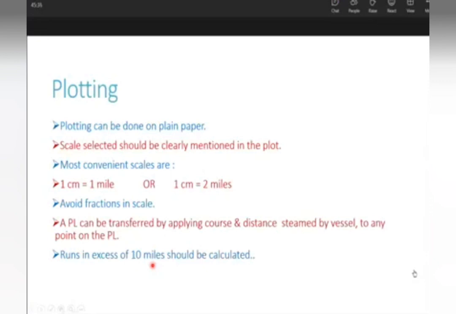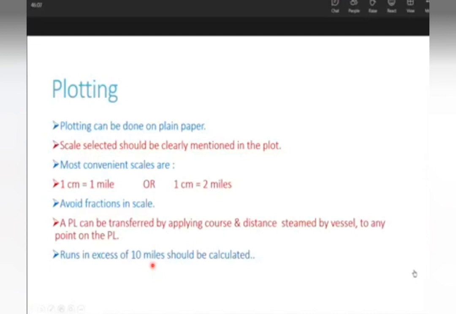If you have a scale of 1:10, then 1 centimeter is getting converted into 10 nautical miles. That means 1 millimeter on your plot is representing 1 nautical mile. Now 1 millimeter error on the plot is very much possible. The thickness of the pencil or the accuracy of your compass or divider can easily take you 1 or 2 millimeters up and down. And in that case, it will give you excessive error in your answers.